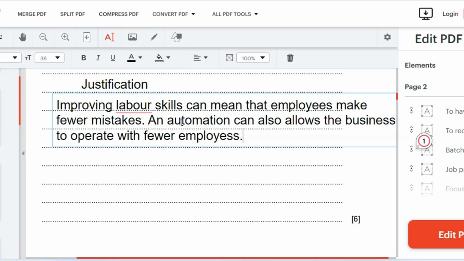Now, what is your conclusion here? Improving labor skill is the best way because automation could lead to redundancy, which may demotivate the remaining employees.